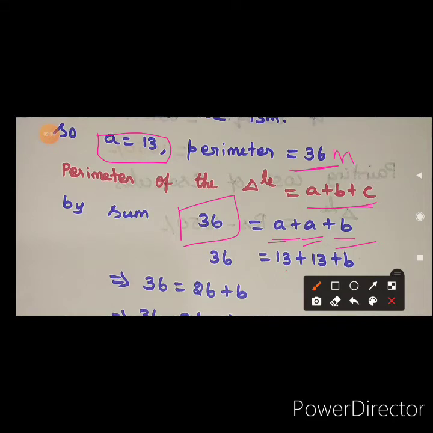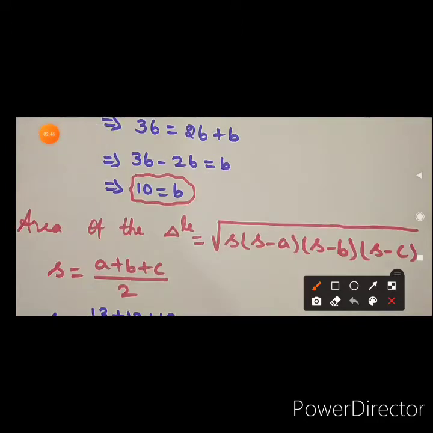So 36 is equal to 13 plus 13, 26, plus B. 26 going to the left hand side, 36 minus 26 is equal to B, which is 10. So B is equal to 10.